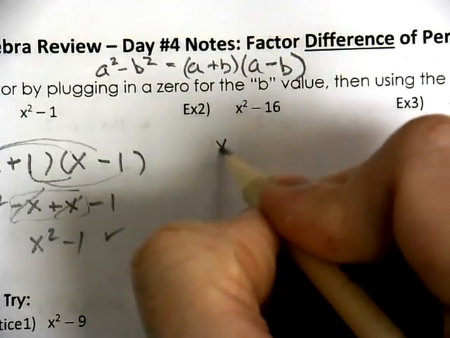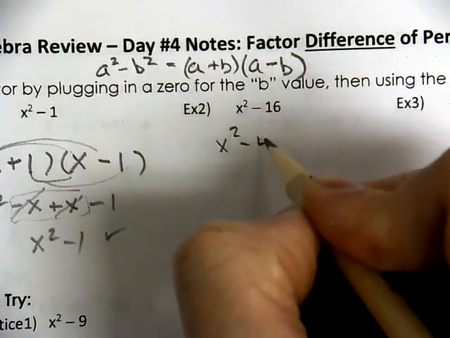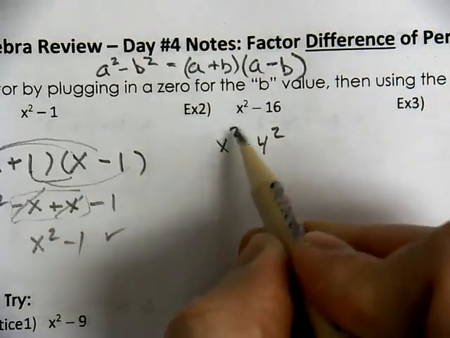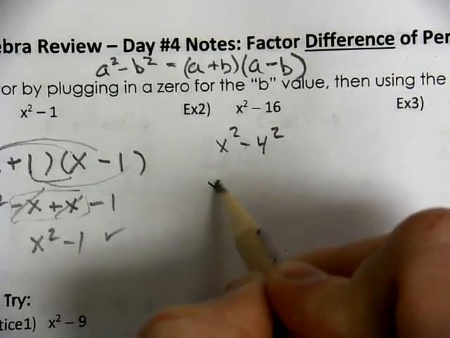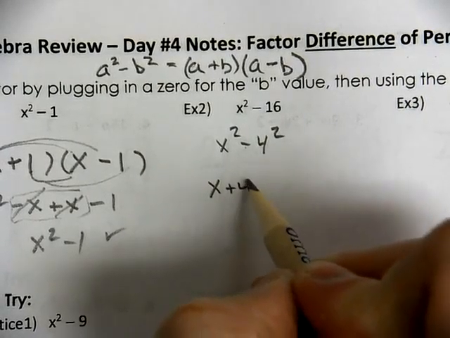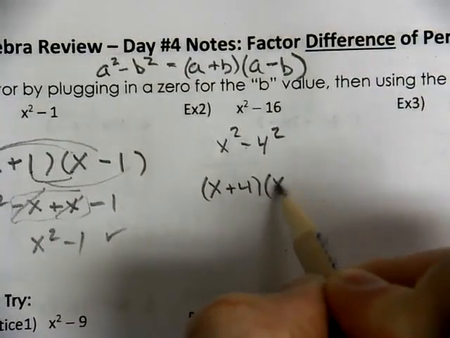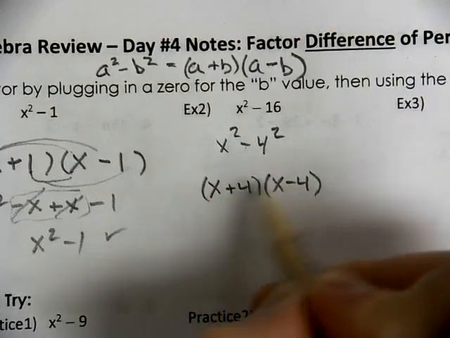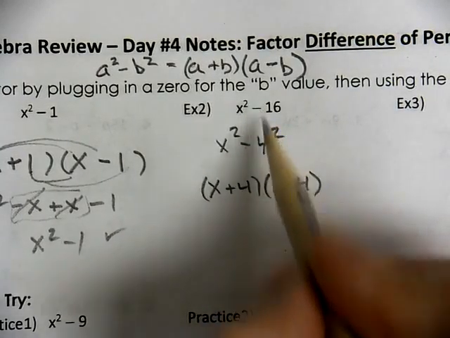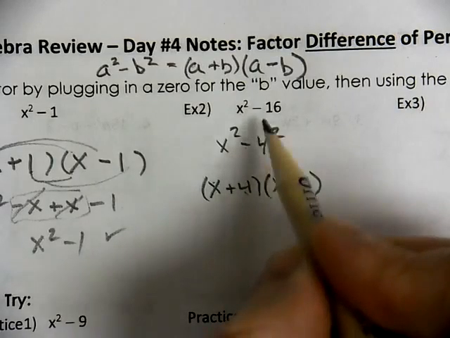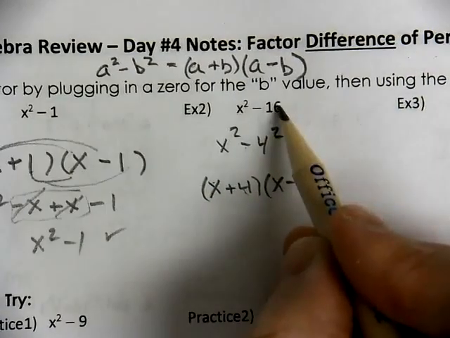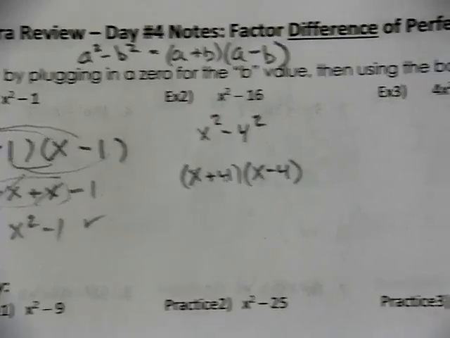So here, perhaps, if you write the 16 as 4 squared, this is the difference of two squares. Then you can write x plus 4 and x minus 4. And if you were to FOIL that, you would get no middle term. Negative 4 and positive 4 would cross out, and you'd be left with a negative 16 at the end.